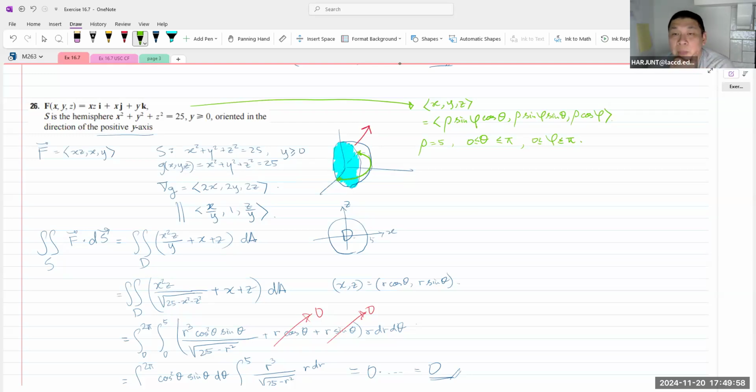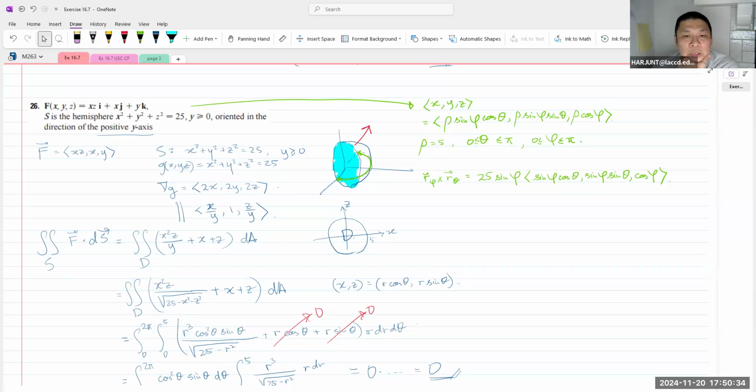Now, if you remember, r sub phi cross r sub theta should be the radius squared, in this case 25 sine phi, and then sine phi cosine theta, sine phi sine theta, and then cosine phi. You try to work it out, but if you remember from my notes, that's what I have.